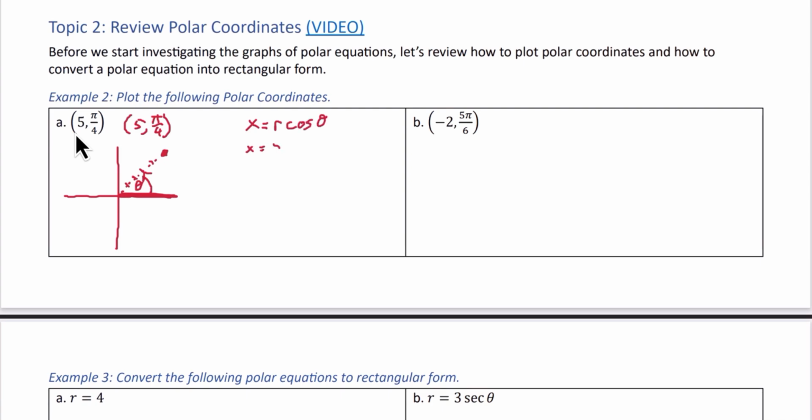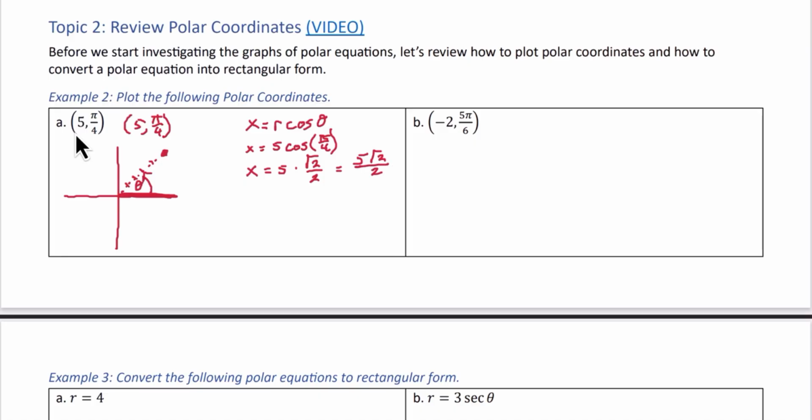That means we have 5 cosine of pi fourths. Remember your unit circle, cosine of pi fourths is root 2 divided by 2. So we get an x coordinate of 5 square root 2 divided by 2.